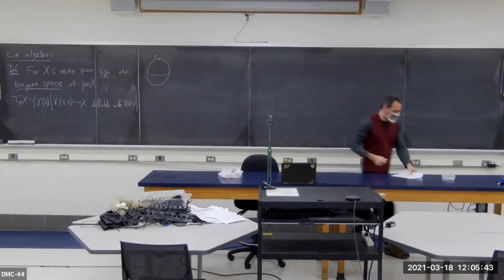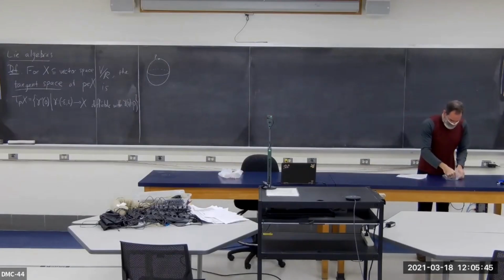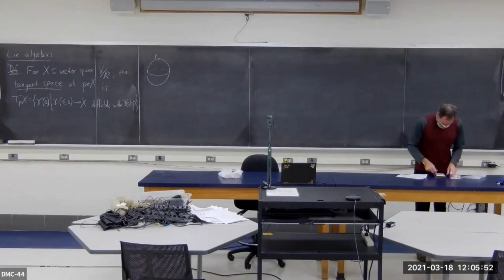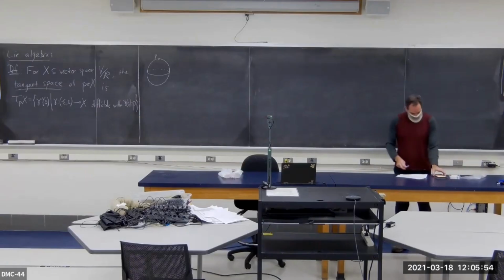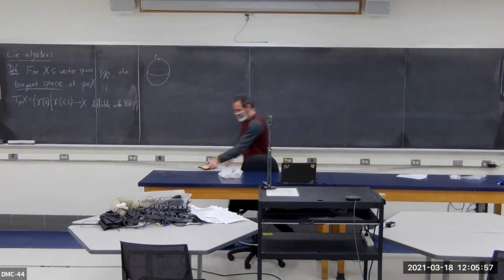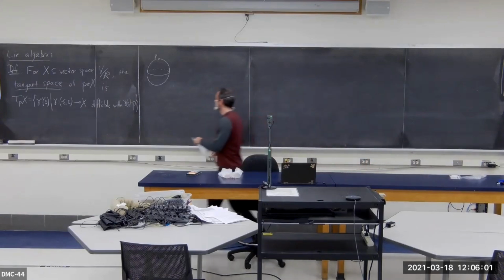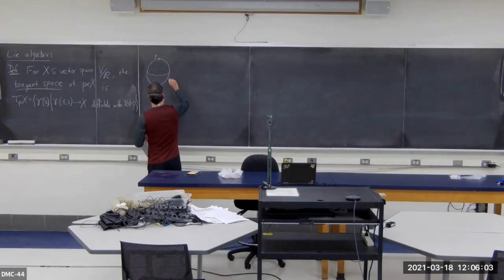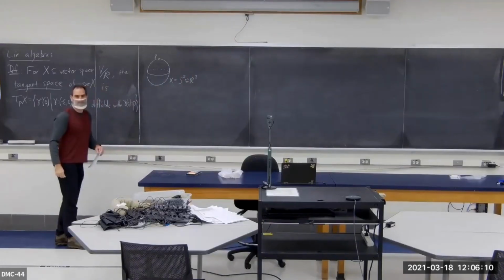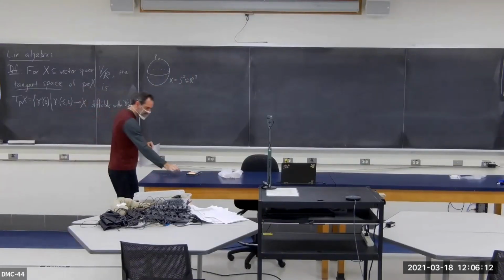You're supposed to take a differentiable path in the sphere, right? So now X is the sphere here. And so here X, that's going to be S2, and it's a subset of R3. Yeah, and we're supposed to be taking now differentiable paths through P in X.